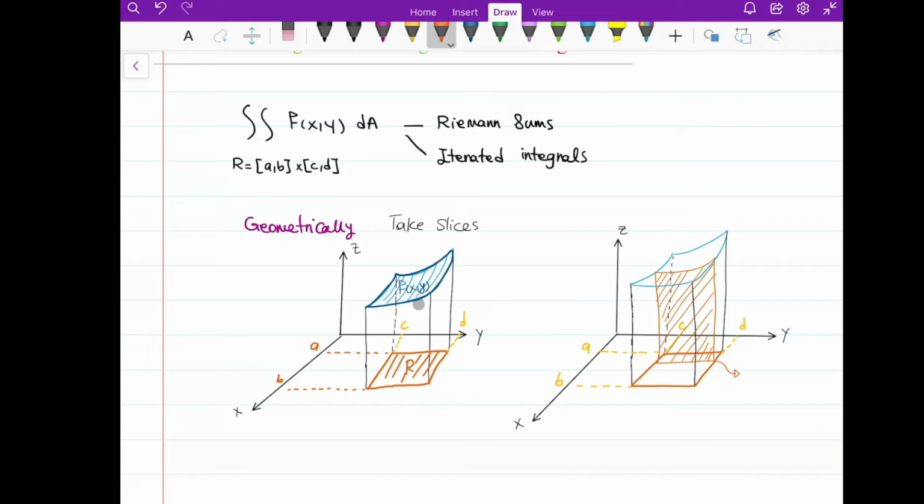I take one slice of this solid by cutting it with a plane that is perpendicular to the x-axis, and I'm gonna call the area that I get as the intersection of the plane with the solid A of x.